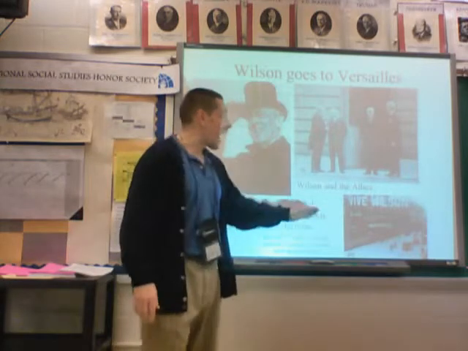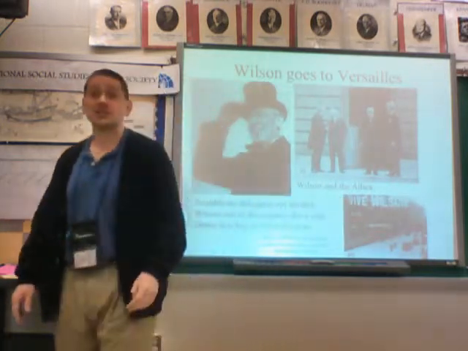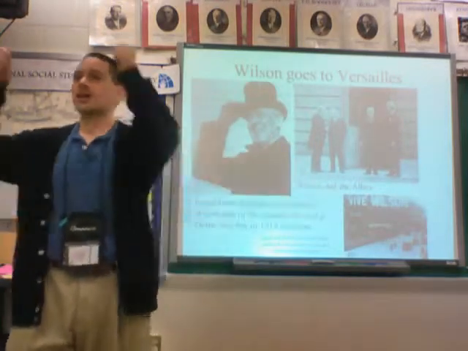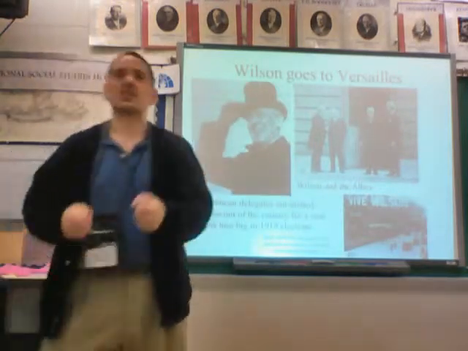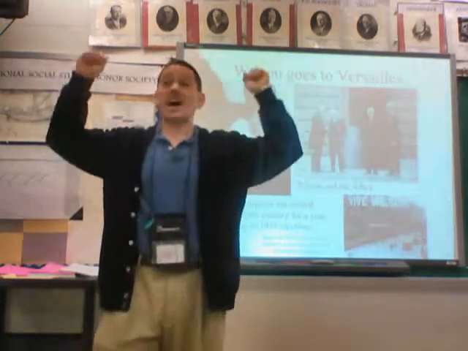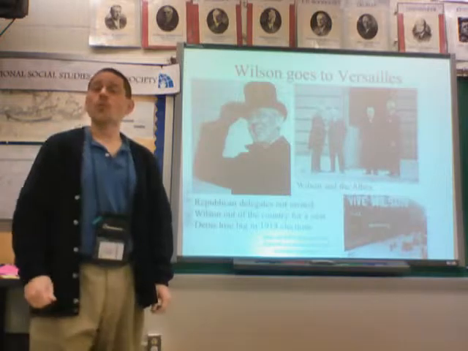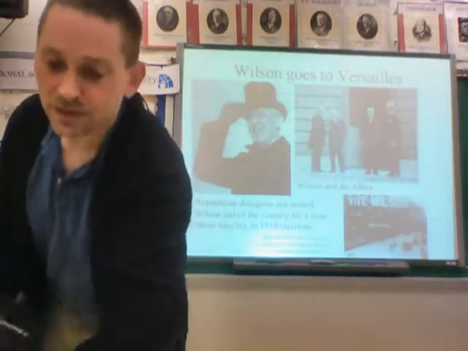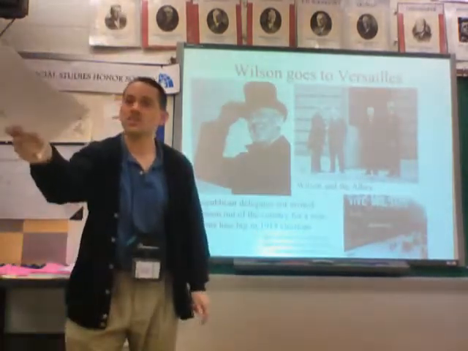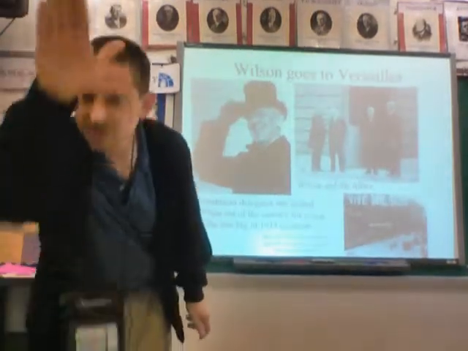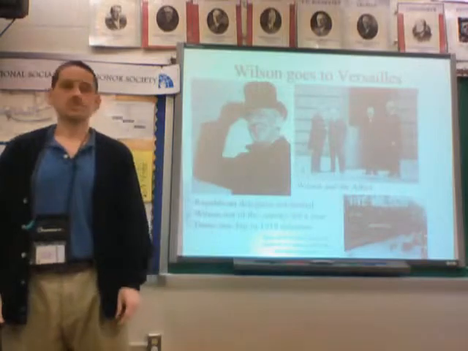Wilson goes to Versailles. Wilson is seen as the savior of Europe. It was American troops and American supplies and American blah, blah, blah that saved Europe. And now Wilson goes to Europe, 14 points in hand, and says, this needs to be the peace.